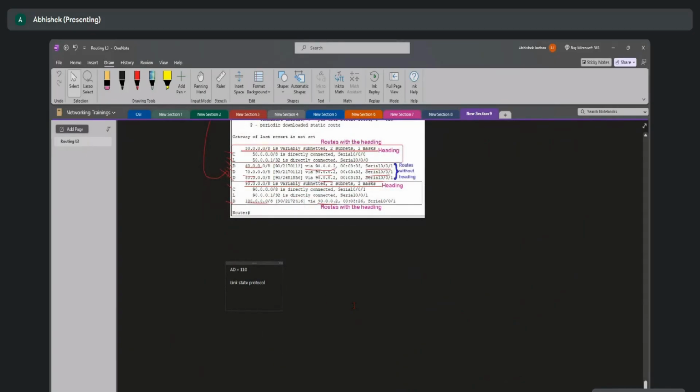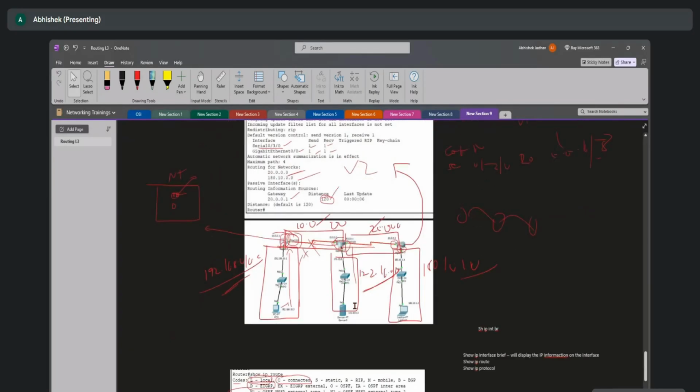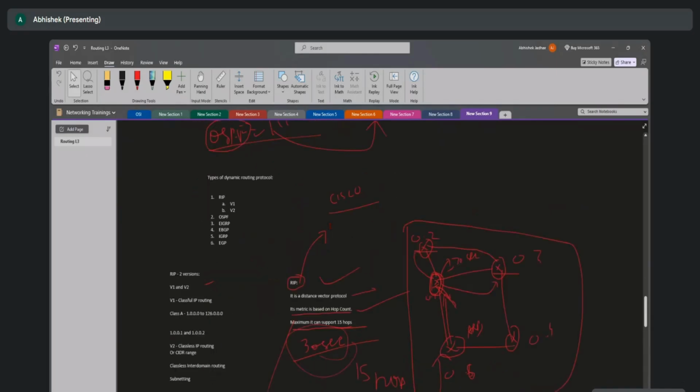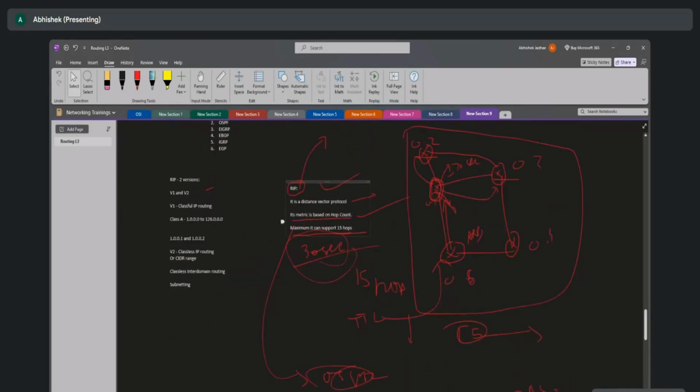Right. So now what's the metric here in OSPF? By metric, do not get confused. I do not mean administrative distance. Metric means based on that particular parameter, the packets will be sent within the network.